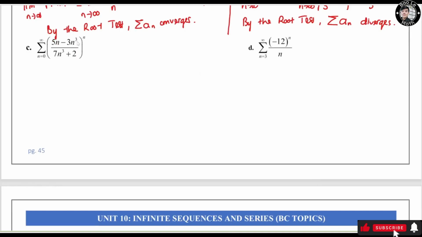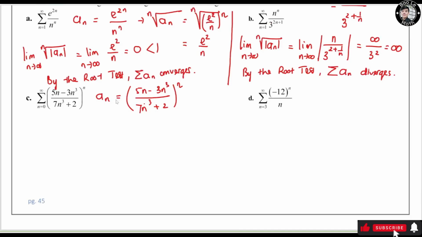Now question C. I'm going to let a sub n be 5n minus 3n cubed over 7n cubed plus 2 all together raised to the n. Now I'm going to take the nth root of both sides, so I have the nth root of a sub n equals 5n minus 3n cubed over 7n cubed plus 2.